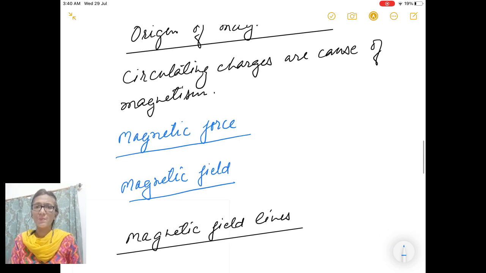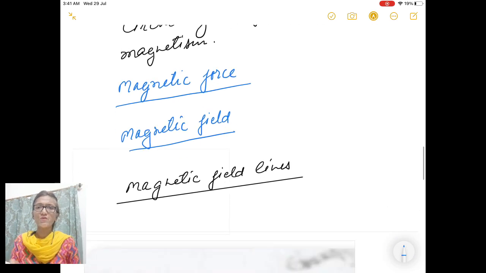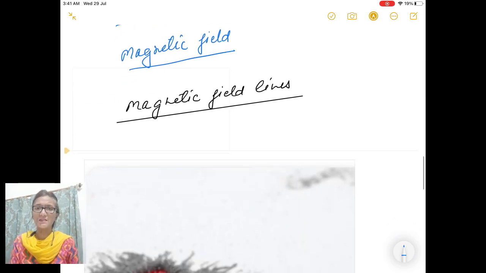Now, a magnet applies force from some distance. It is a non-contact kind of force. It creates a field and the field applies force on magnetic material. This field can be well understood with the help of field lines.